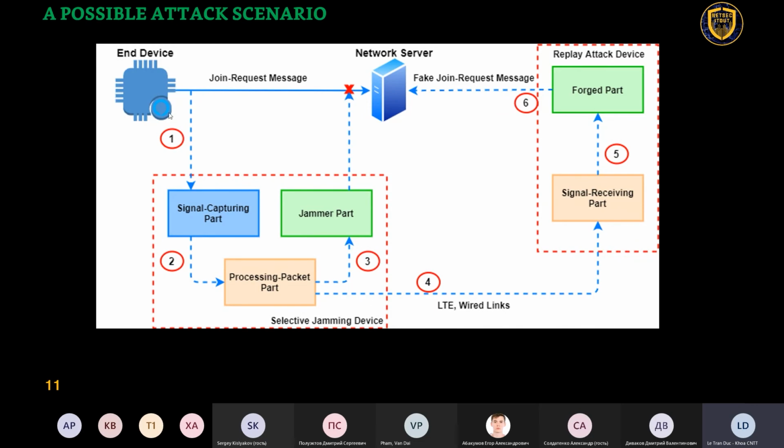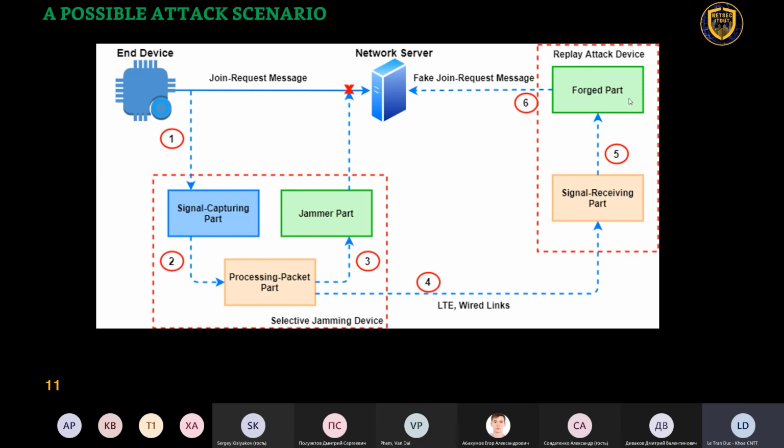If the captured packet is from the selected device, the jammer module is triggered, and it emits a noise signal to prevent the join request message from reaching the network server. At the same time, the information extracted from the packet can be sent to the signal receiving module at the replay device via wire links or via LTE, etc.